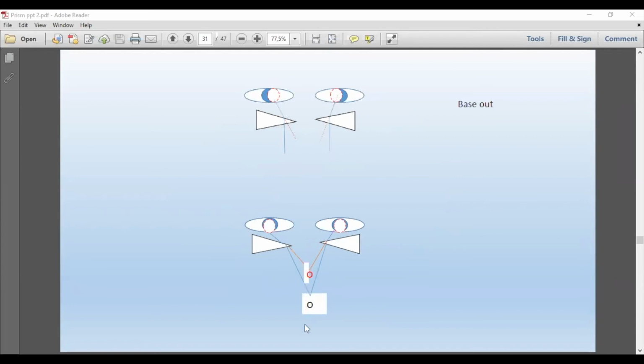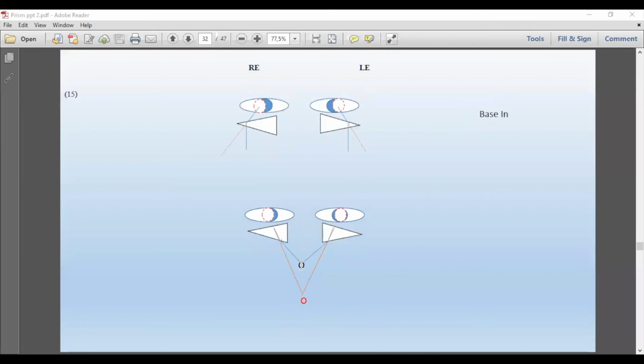As you can see over there, if the eye was reading at object O, because you've now got base out prism, it will displace that object closer. So that means you're going to have to converge more. And base in is exactly the opposite, where light will bend and it's going to push the image outwards.